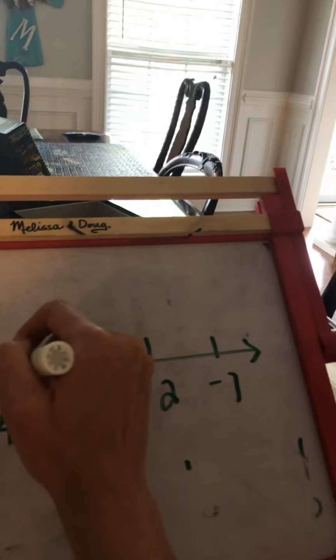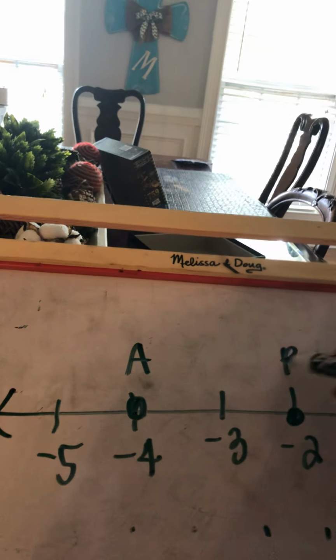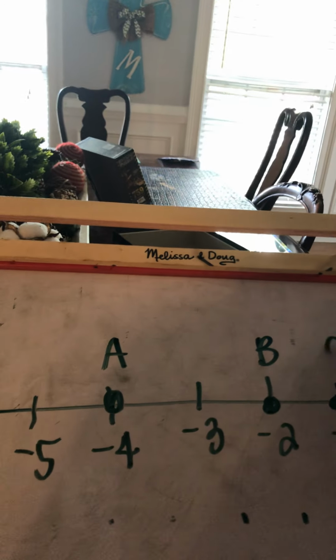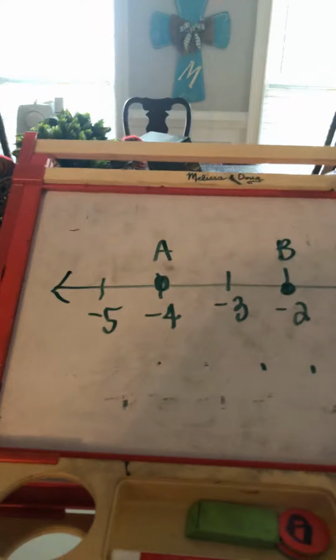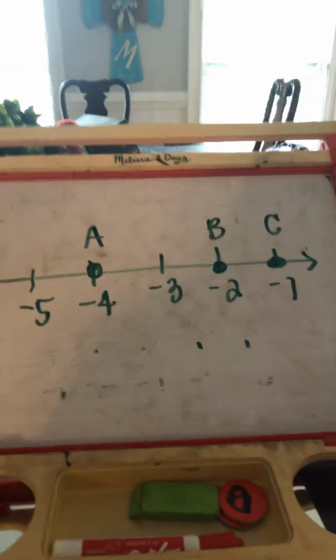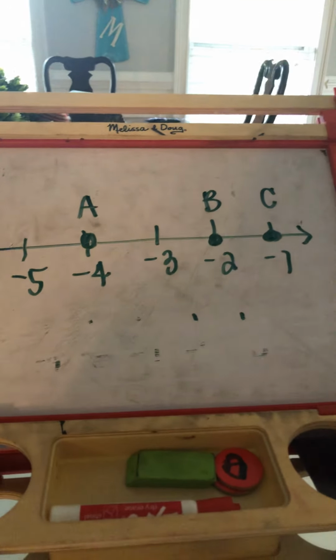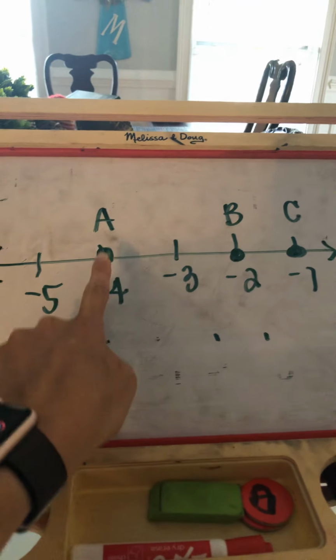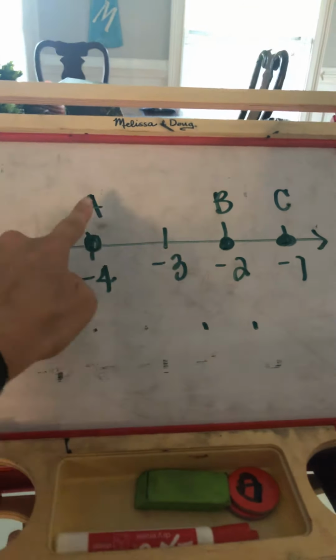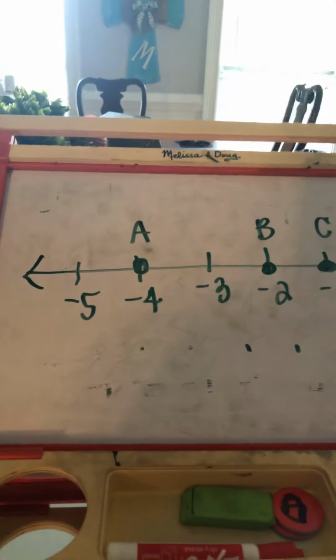It will have points and letters above it, and it might ask you what point is located at negative 4 on the number line. So you would just find negative 4 on your number line and you would put A, because that A is at negative 4 on the number line.